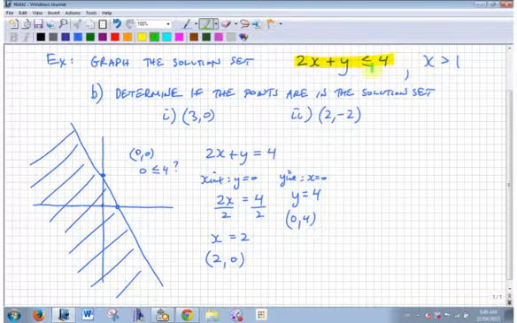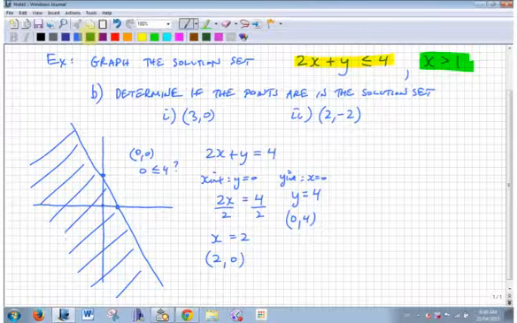Alrighty, let's do this one. x is greater than 1. Let's use green. Now this is the weird one. Let's write it, but again, I want just the line, so make it an equal. If I go x-intercept, then y is 0, and like what happens here?